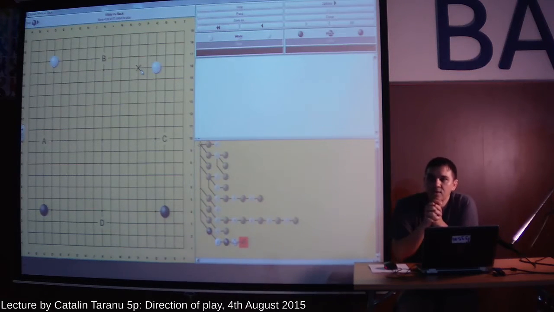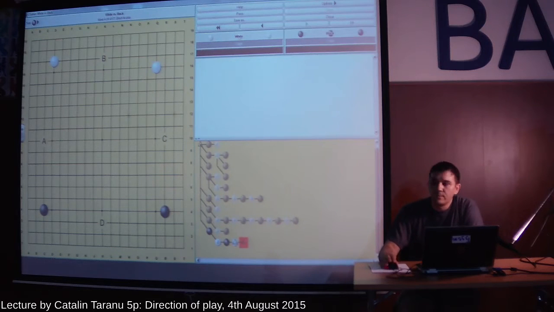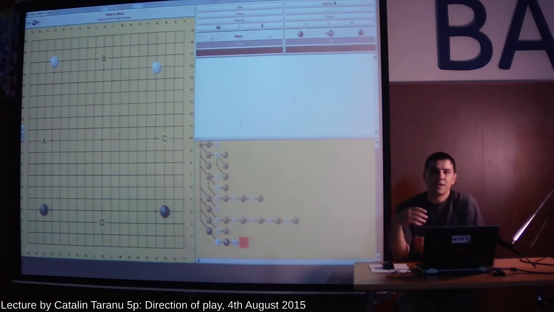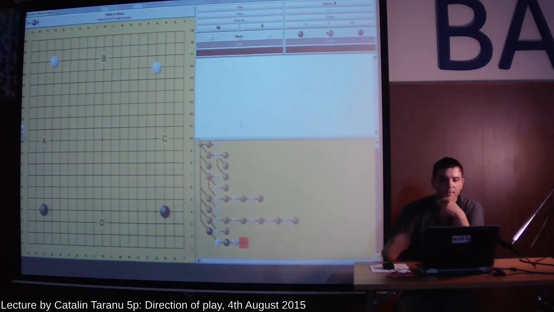So because of this, the actual order of moves in this fuseki, for example, is D is the biggest, second is A, and B and C are equal, but less in value. So this kind of judgment is quite useful to make when we play fuseki. After we make this judgment, of course, we have to decide.